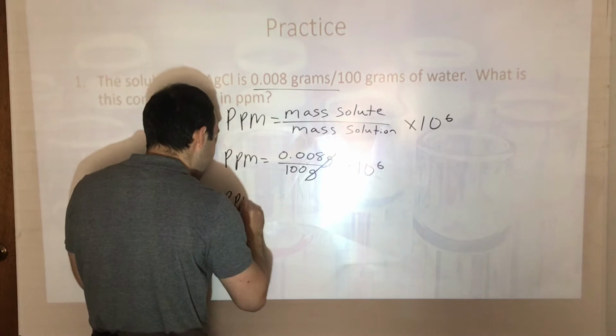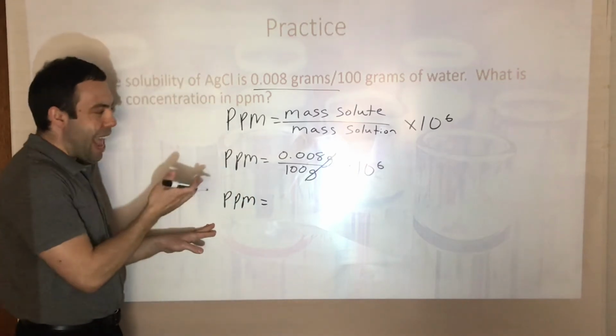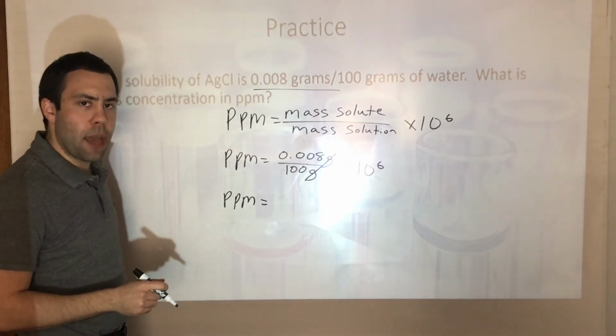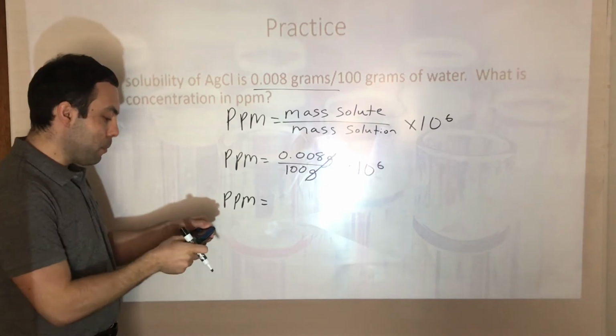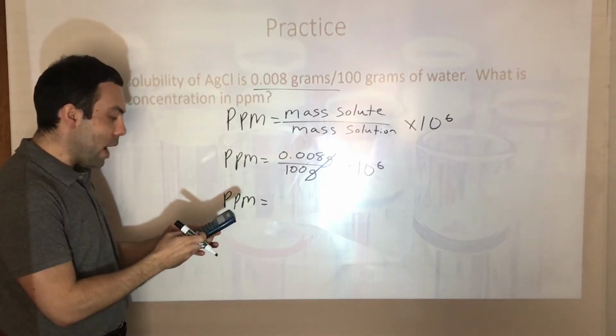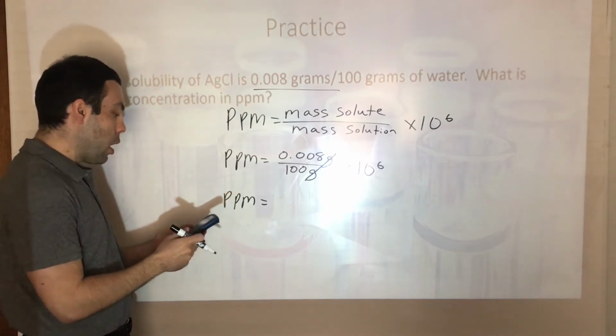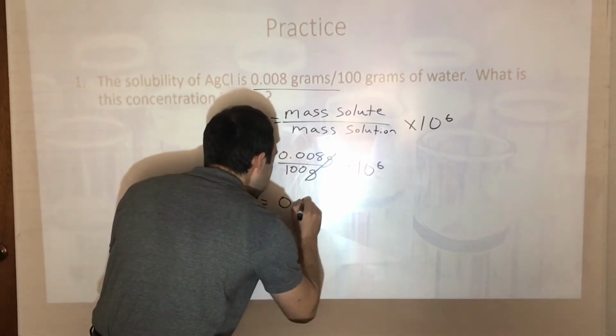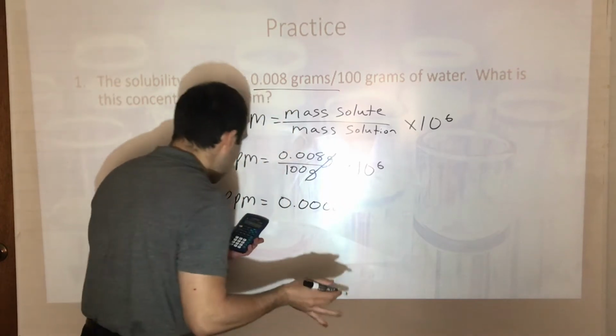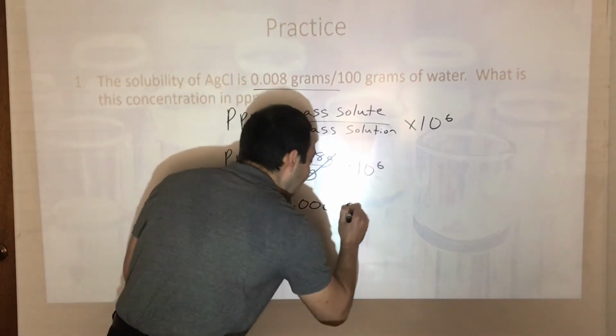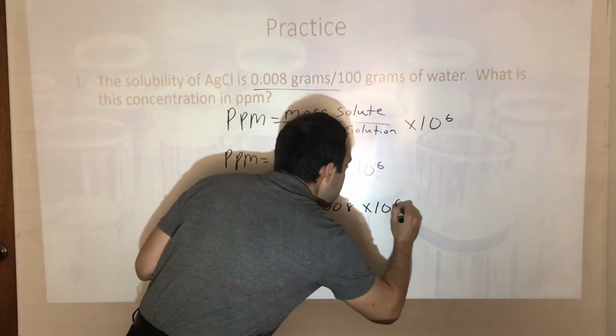So ppm equals, and here I would take it one step at a time. The very first thing I would do would be to divide 0.008 divided by 100. And of course we get 0.00008, 4 zeros, 8, times 10 to the 6th.